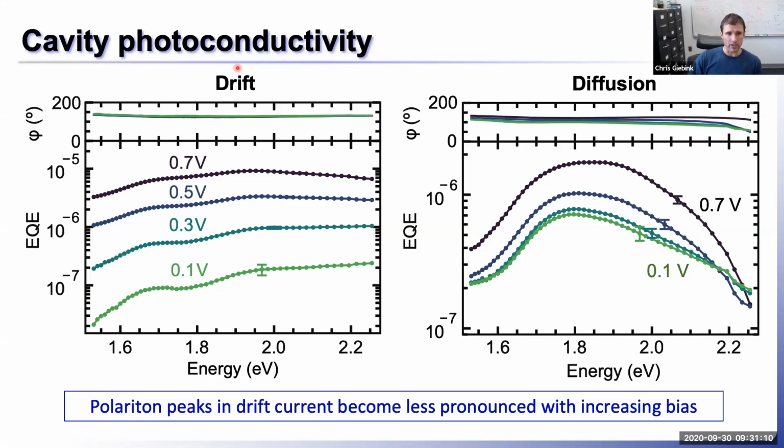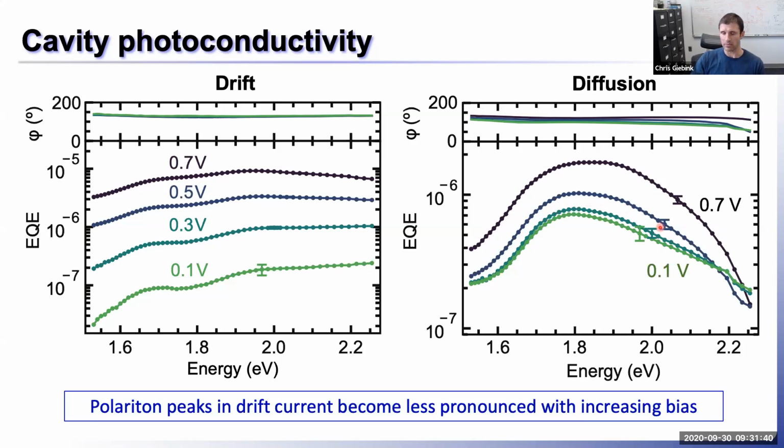The drift contribution, now we see the Polaritons, or at least what looks like Polariton peaks being present at all biases, but most importantly, it collapses that phase to a constant, which is really what you have to expect. It does the same for the diffusion. Phase for the diffusion now becomes constant and spectrally invariant. And the magnitude of the diffusion is largely independent of bias.